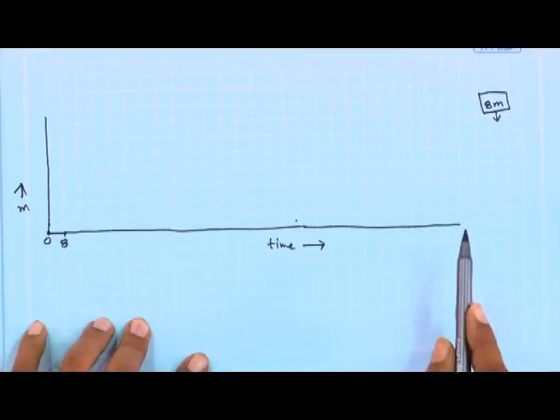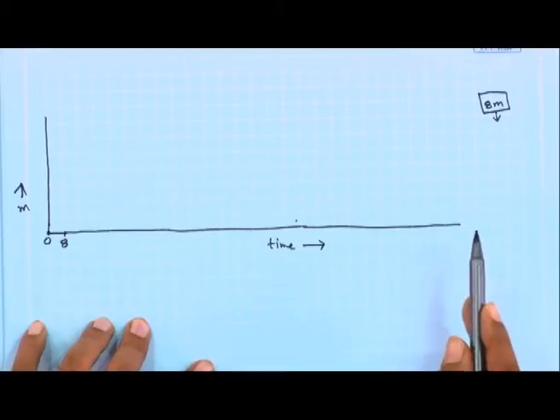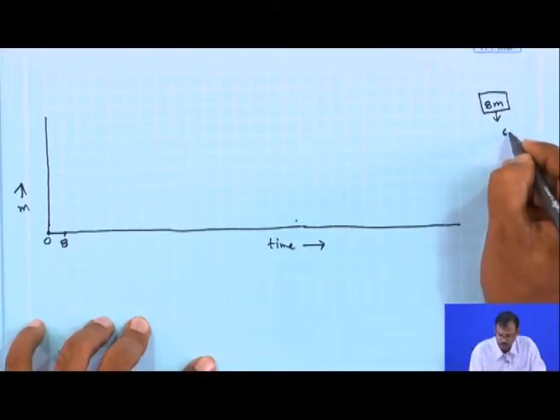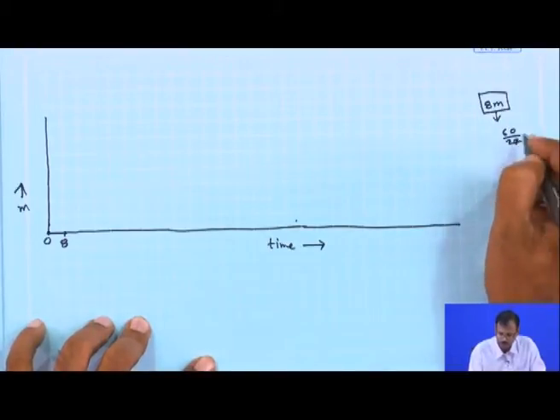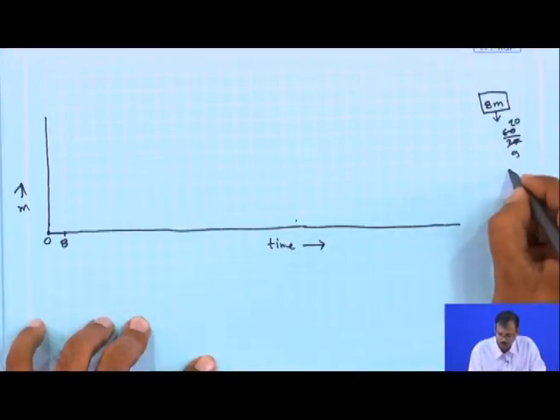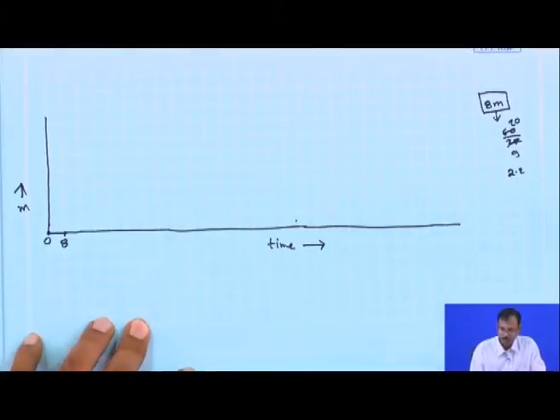So, that means it is taking around 60 by 27, so this is coming around 2.2 minute per meter.